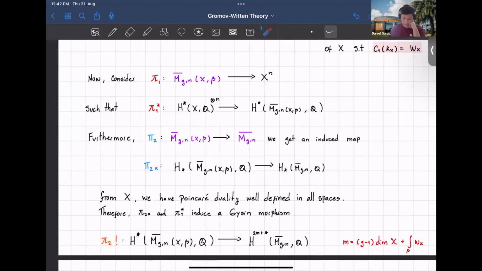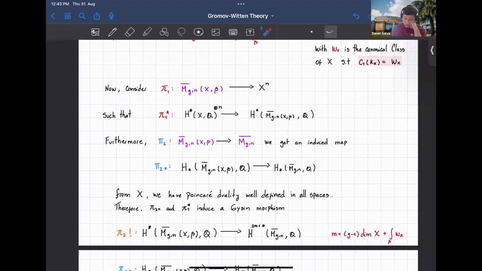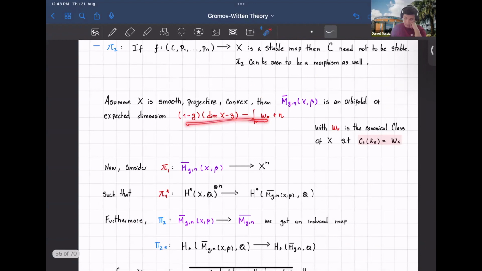And what is this actually doing? This is taking the cohomology class of the stable curves and bringing them to the cohomology of stable curves, where d is the dimension that we determined here.